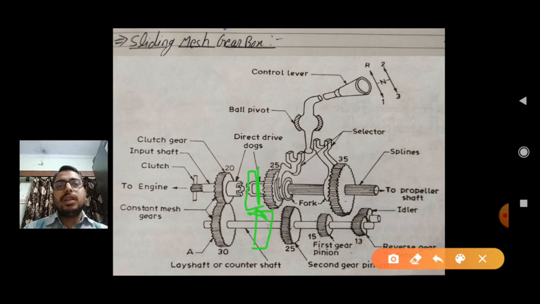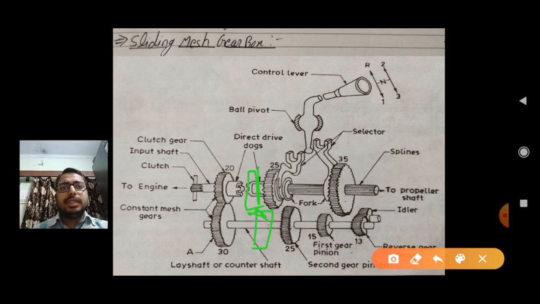As we go for increasing speed, the size of the driven gear reduces and the size of the driver gear increases, by which the output torque is reduced and the output speed is increased.